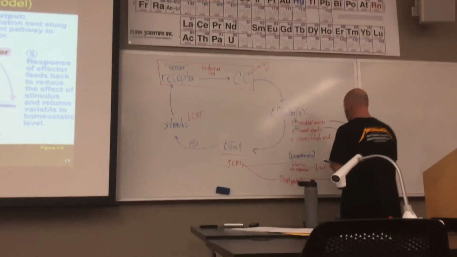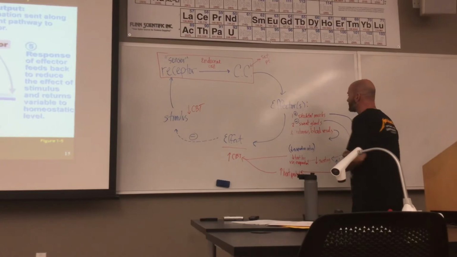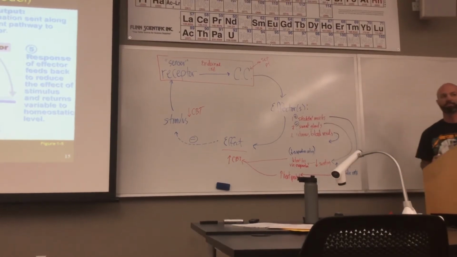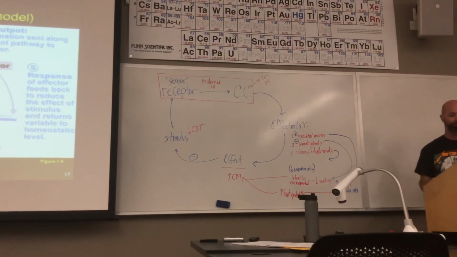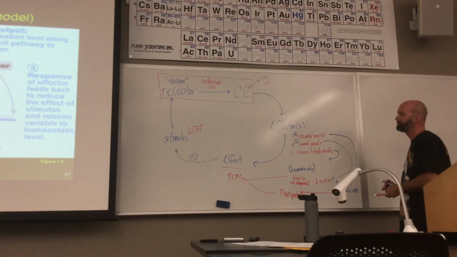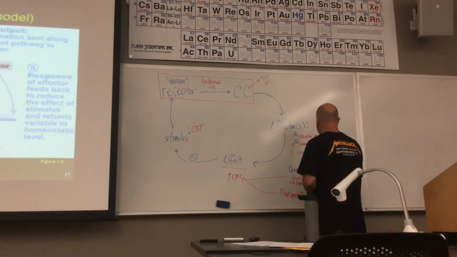Cutaneous blood vessels, what are they doing? So we can't say stimulate or inhibit. But we can say constrict or dilate. And if you're cold, what do we need to do? So that's vasoconstriction. Constriction of the vessel.